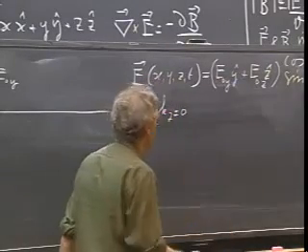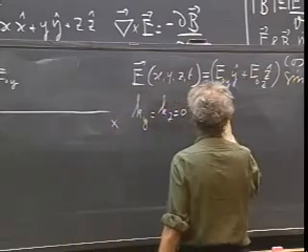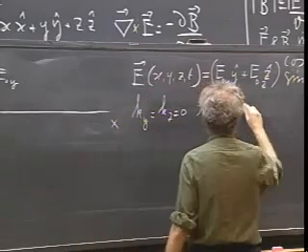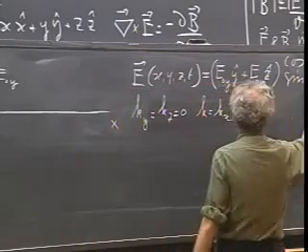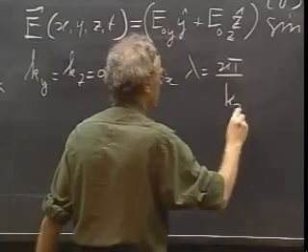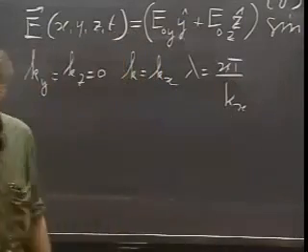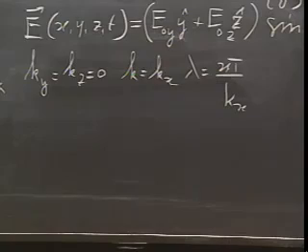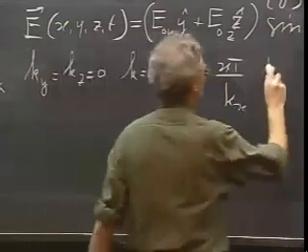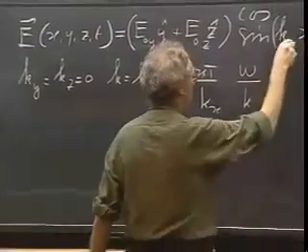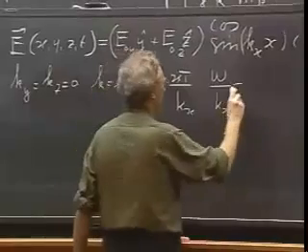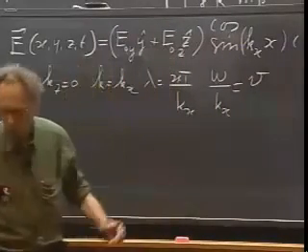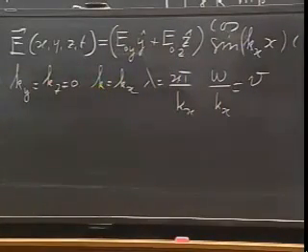So there's only a k of x, and so k then equals k of x, and so lambda is 2 pi divided by this value. And omega divided by that k, I write an x, but you can leave the x out, would then be v, or it could be c, of course.